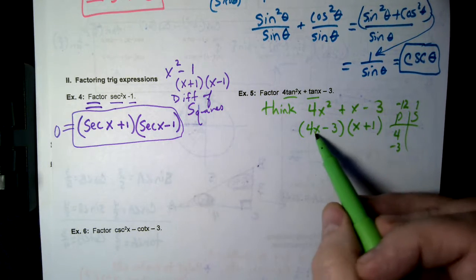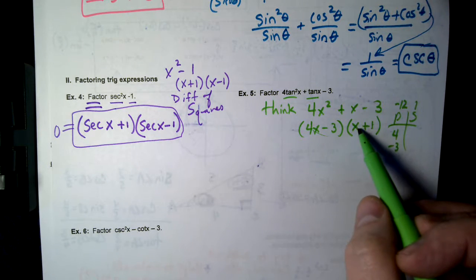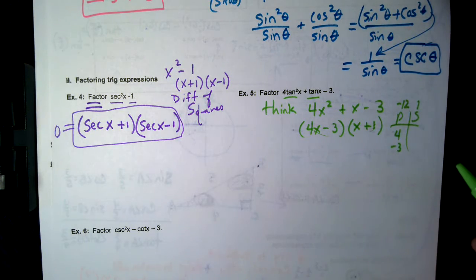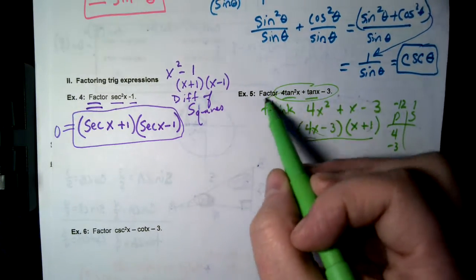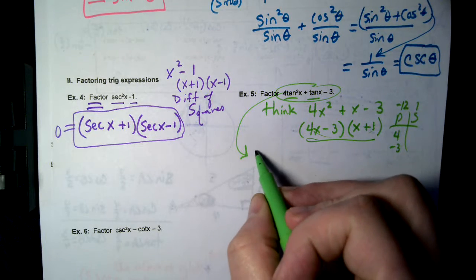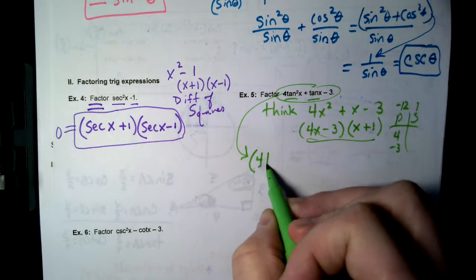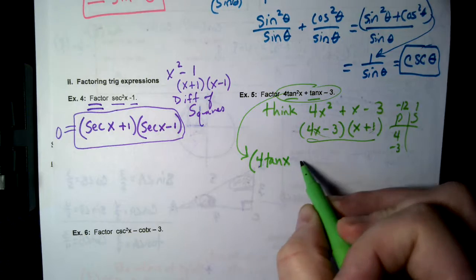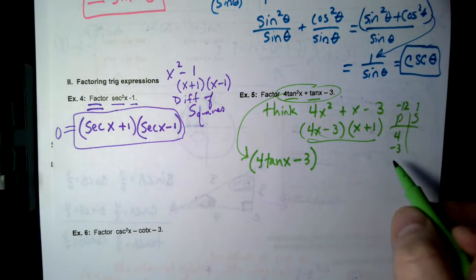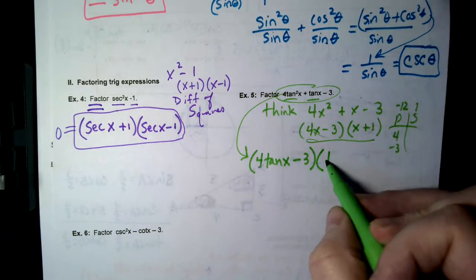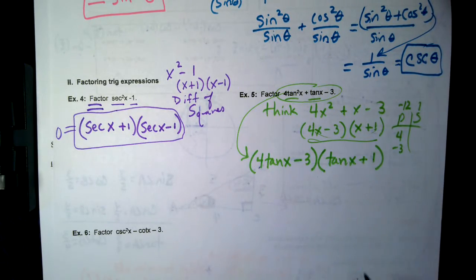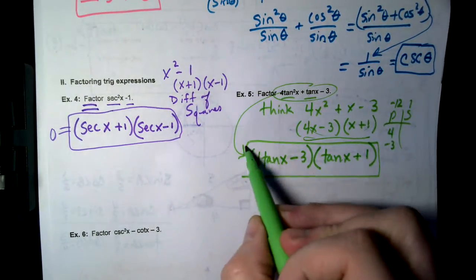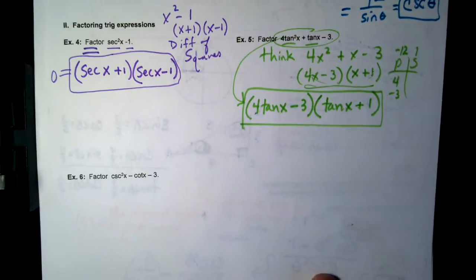That would give me 4x squared plus 4x minus 3x. Yeah, that would work. So I'm going to use this factoring idea, and it's going to look like 4 tan x minus 3 times tan x plus 1. And now it's completely factored out.